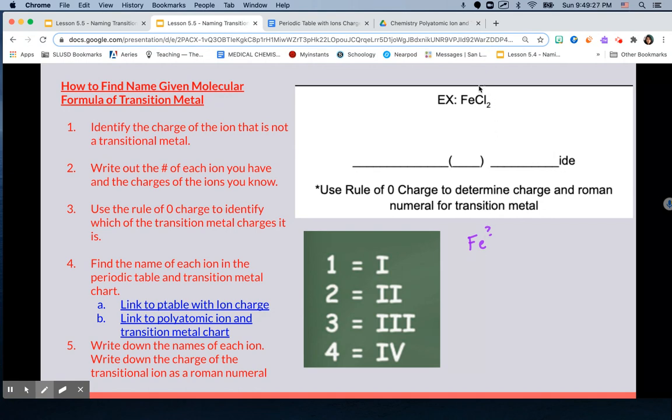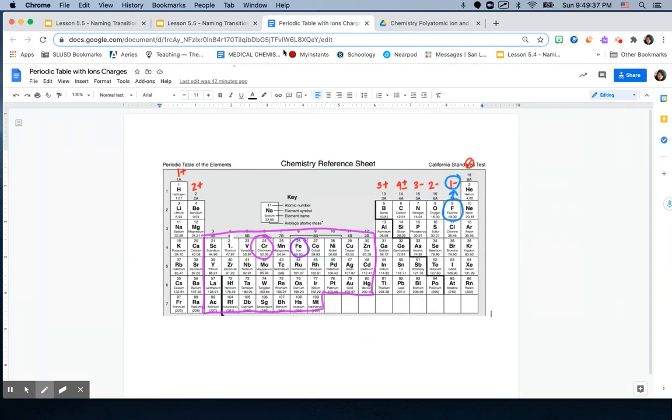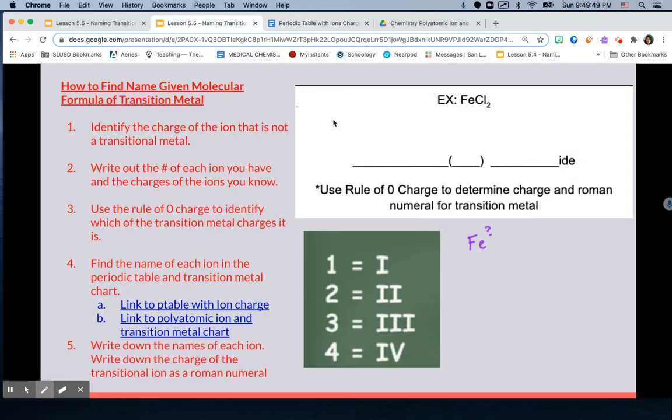And if I look up Cl, if you remember doing your previous homework, we do know the charge of Cl. If I check the periodic table, scanning across, Cl is here, and its charge is 1 minus. So I don't know the charge of Fe, that's my transition metal, but I found the charge of Cl, which is 1 minus.